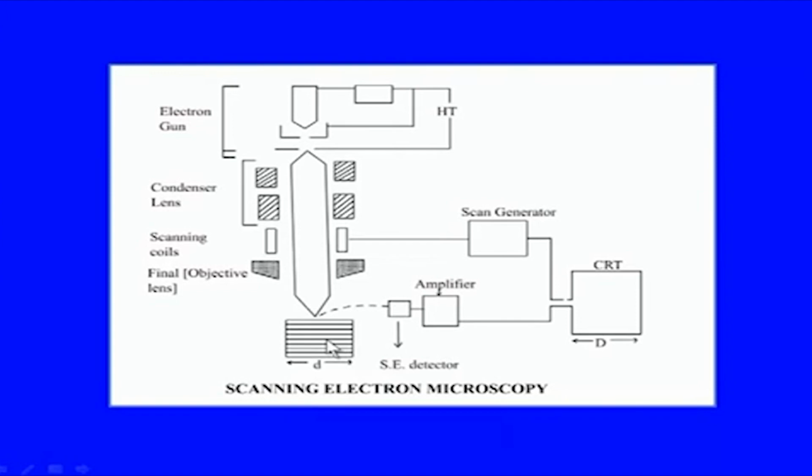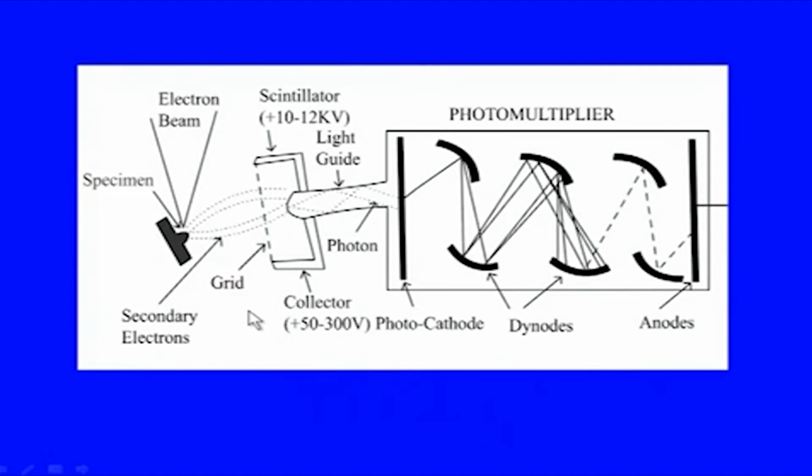This is a versatile stage for accommodating various kinds of specimens, big and small. The specimen is a little tilted, and the electron beam is coming from the top and scanning. Now, this is a coated surface, so it becomes a conductive surface, and the secondary electrons generated here will be collected by a collector which is at a positive potential of around 50 to 300 volt.